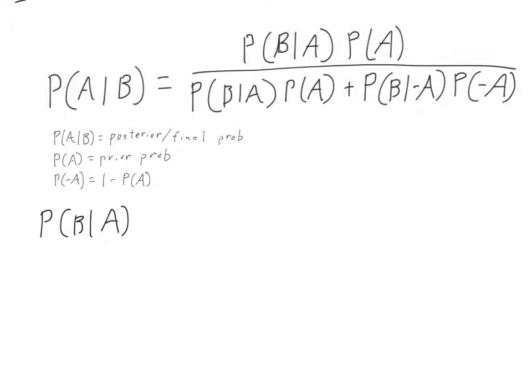That also, of course, means there's this other probability we see here, B given not A. So what this really means is, okay, we need to consider what's the probability of seeing evidence B if A is true? What's the probability of B given that A is not true?